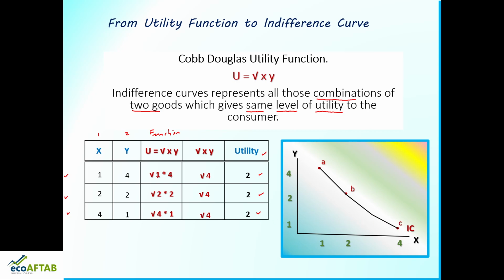So, different combinations of two commodities giving us the same level of satisfaction is what is called as indifference curve. यहाँ पे हमारा utility level क्या है? Here our utility level is equal to 2. So different combinations giving us same level of satisfaction.